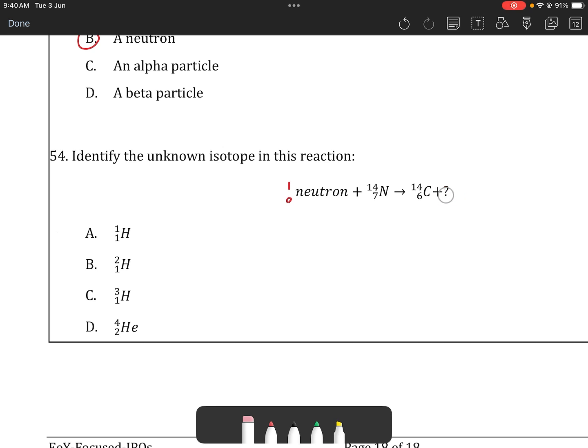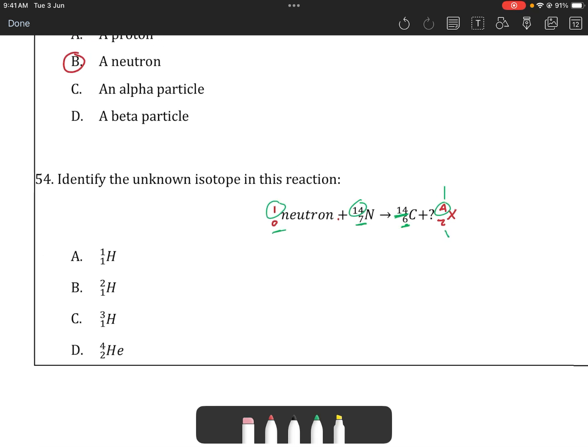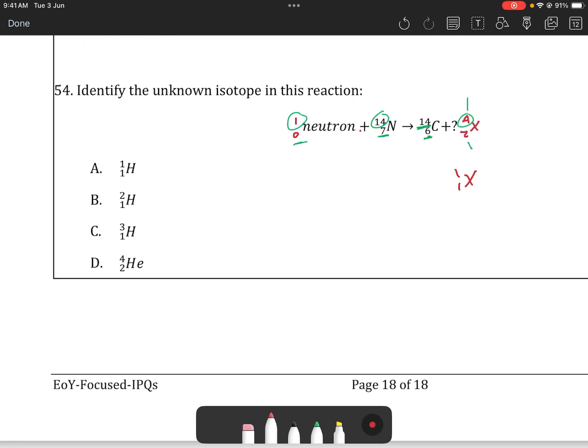Let's call it X, A, Z. 1 plus 14 is 15, and here we have 14, so this is 1. 7 plus 0 is 7, and here we have 6, so Z is also 1. The answer is X, 1, 1, and in this case X will be hydrogen. Thank you for watching. That's it.